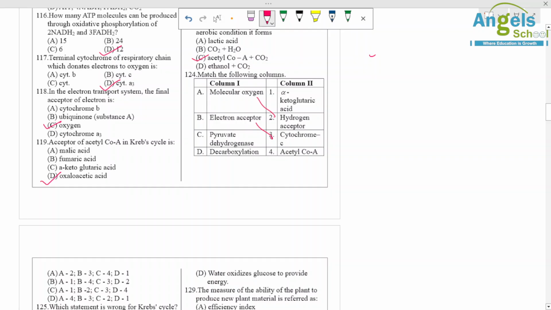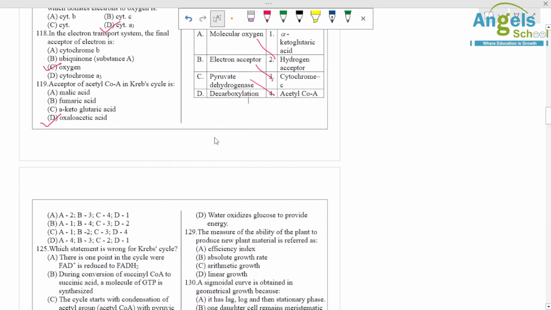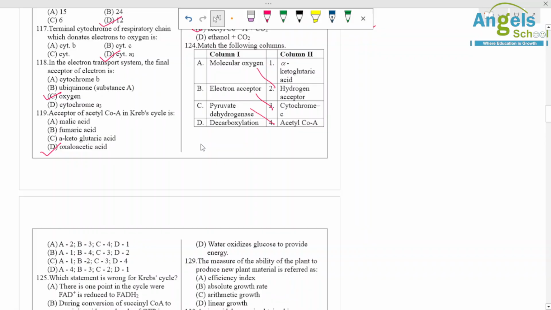Then pyruvate dehydrogenase converts pyruvic acid into acetyl CoA, and decarboxylation forms alpha ketoglutaric acid from succinic acid. Okay, so if we see in options A2, B3, C4 and D1, so option 1 is correct.